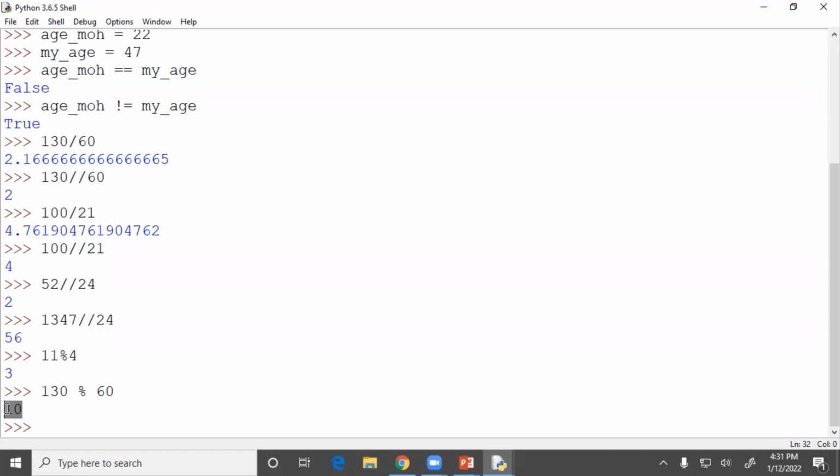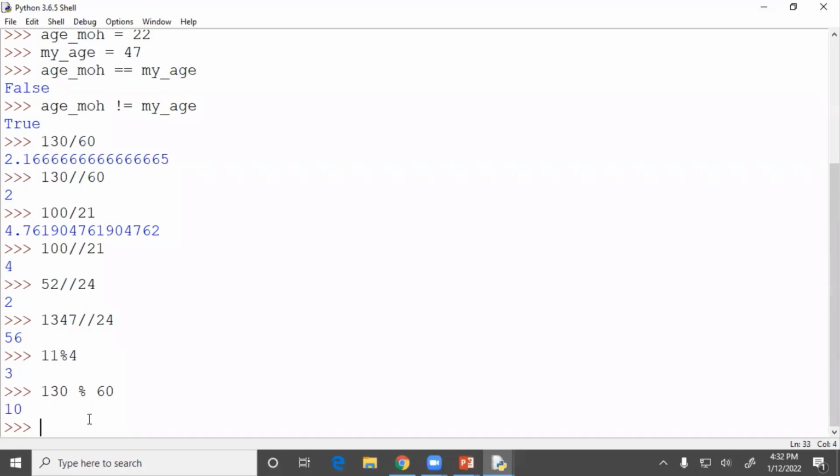Clear? This modulus operator is a very, very important operator. Believe it or not, I teach a data structure course, and sometimes I ask the students about this operator, and they wouldn't be able to answer the question.